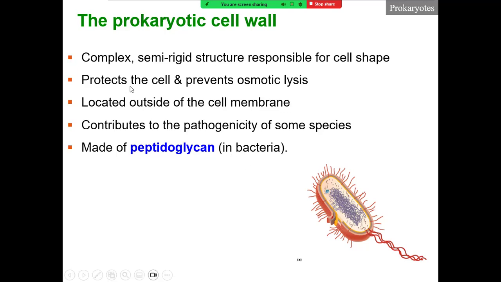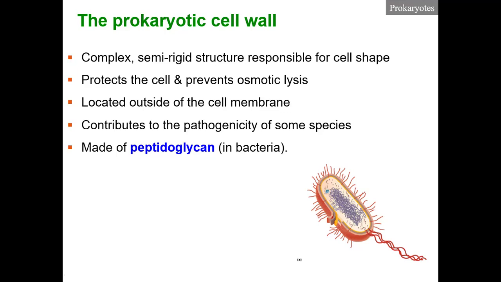The cell wall is a complex, semi-rigid structure responsible for giving the cell its shape. The cell wall protects the cell and prevents osmotic lysis. If the cell lacks a cell wall, then water can come into the cell, and that will expand the cell membrane, and then more water can come in until the cell membrane eventually will pop, and that will kill the cell because the cytoplasm can then leak out of the cell.